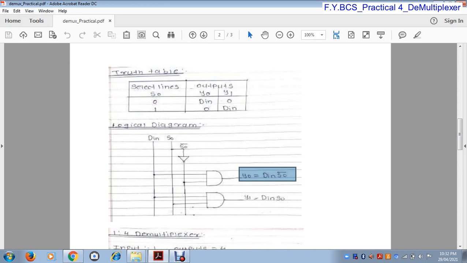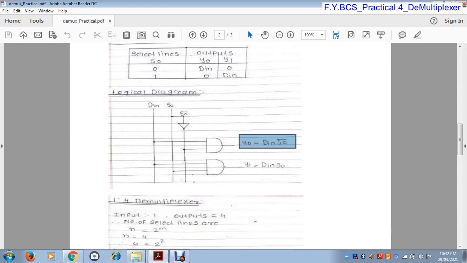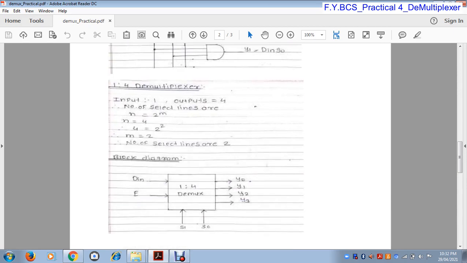Now similarly we can design a 1:4 demultiplexer. The 1:4 demultiplexer has only one input and four outputs. For four outputs there are two select lines.